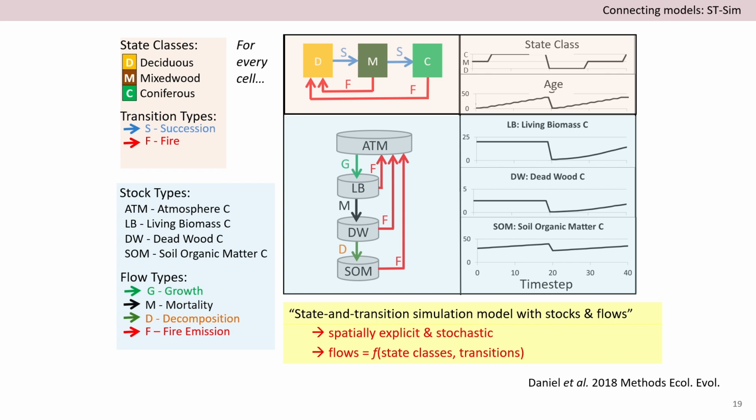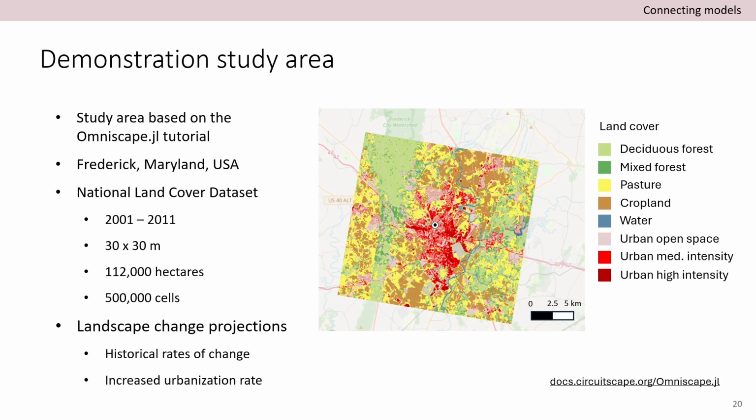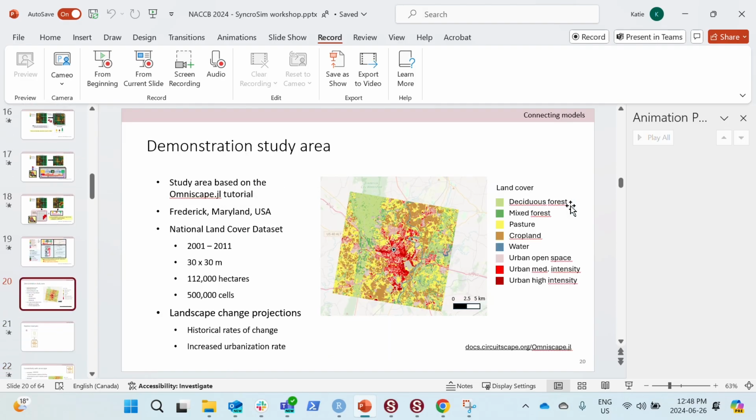What this allows you to do is take this non-spatial stock flow model and apply it spatially, as each cell has essentially its own stock flow model. So you can track how much of each stock is in each pool and how many fluxes are happening at the individual cell level. Now coming back to this demonstration study area in SyncroSim here.